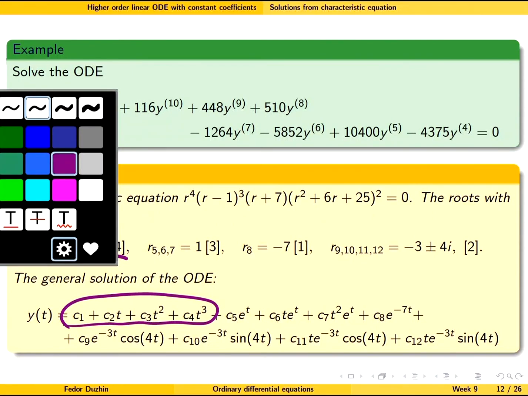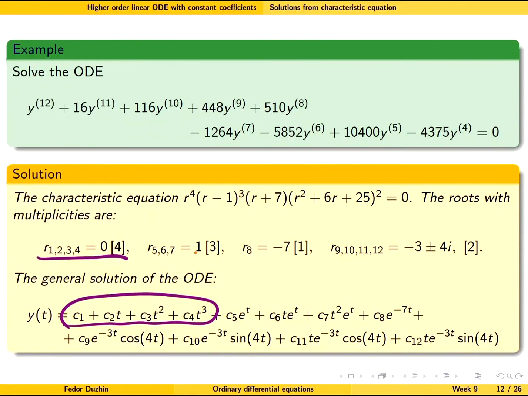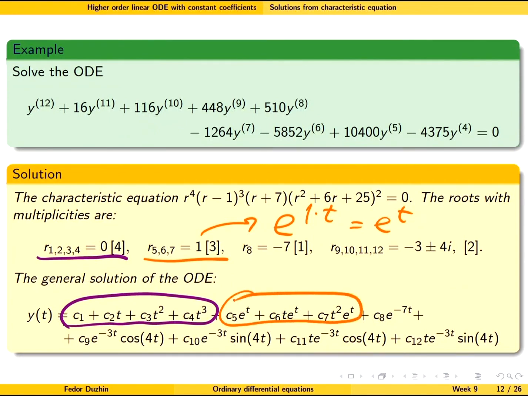So then we have root 1 of multiplicity 3. So since it is 1, it means that we are going to have e to the power 1 times t, which is just e to the t. And since we have multiplicity 3, it means that we have e to the t, then t times e to the t, and t squared times e to the t. And that's all because there are 3 of them.